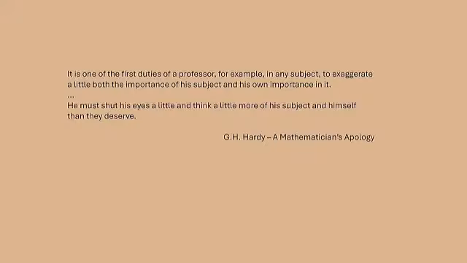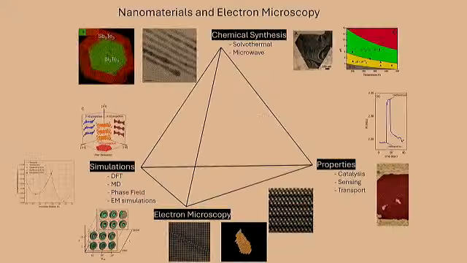So what do we do in our group? We work on really small things, and we make them appear much bigger, literally. So we work on nanomaterials, really small things, and then use electron microscopy as a primary technique to interrogate structure, defects, and properties. So this is broadly the kind of activities that we have in our group. We essentially do wet chemical synthesis to prepare these nanostructures and nanomaterials.